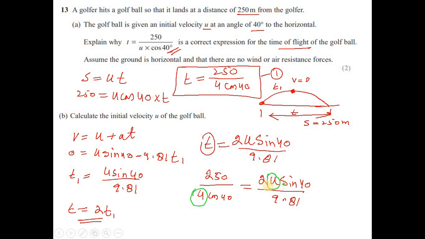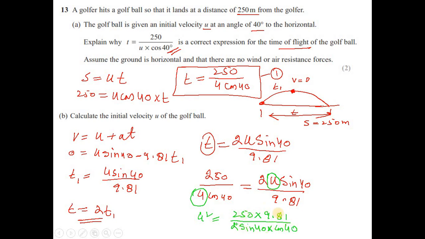If you rearrange for u, you can have u squared is equal to 250 times 9.81 divided by 2 sine 40 into cos 40.